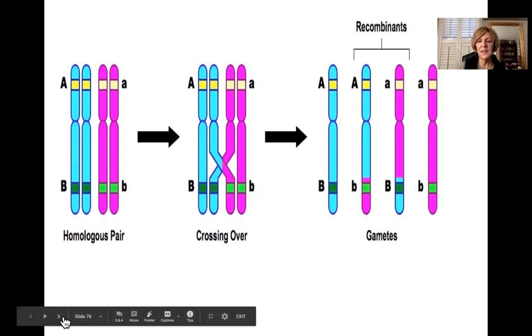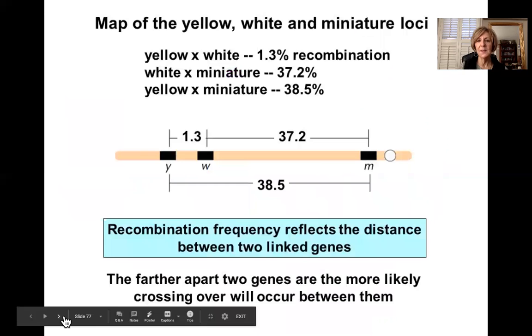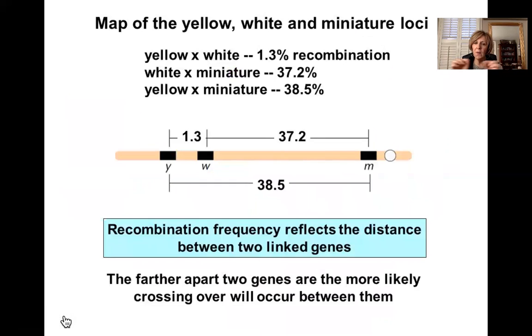And what we're going to see from those recombinants is the farther apart they are on the chromosome, the more likely they are to undergo crossing over. So we're going to talk about this more when we talk about genetics, but the closer the genes are, the closer the alleles are on the chromosome, the less likely they are to undergo crossing over. If they are far apart on the chromosome arm, they're more likely to undergo it.